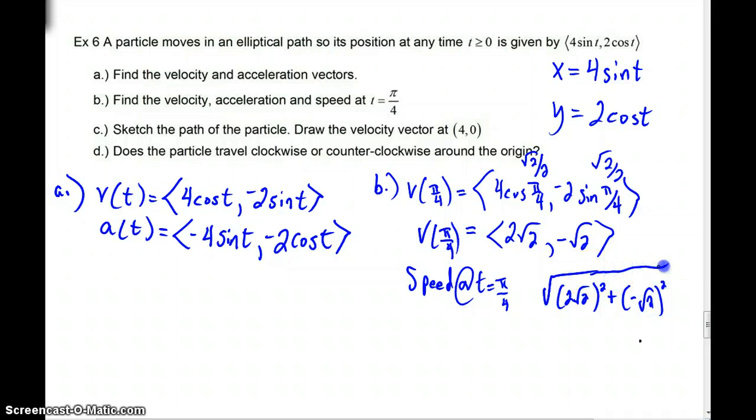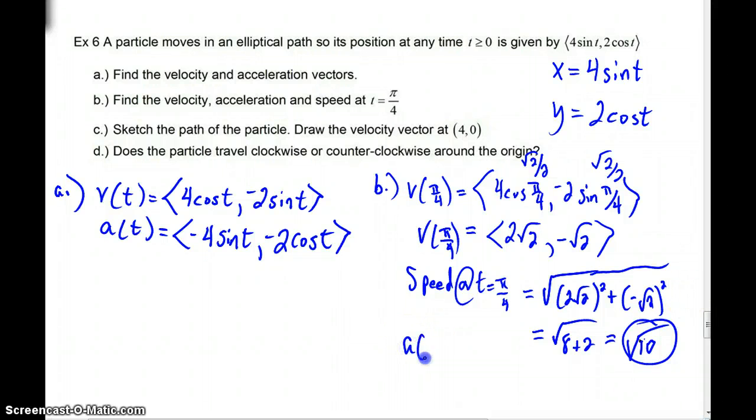And 2 root 2 squared, well, that's going to be 4 times 2, which is 8. And so we've got the square root of 8 over here. The radical 2 squared is just a 2. This simply becomes radical 10. This is not written as a vector. This is actually a scalar.